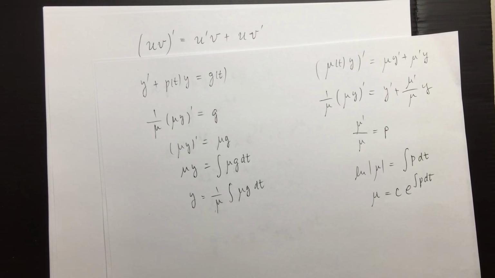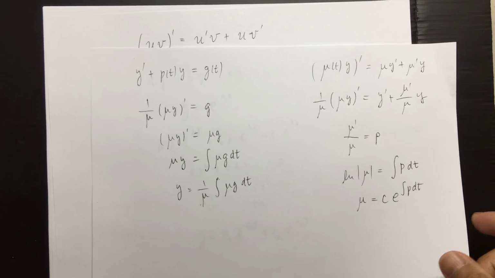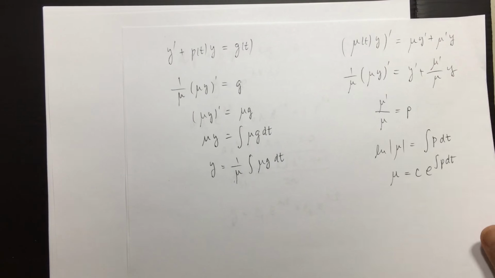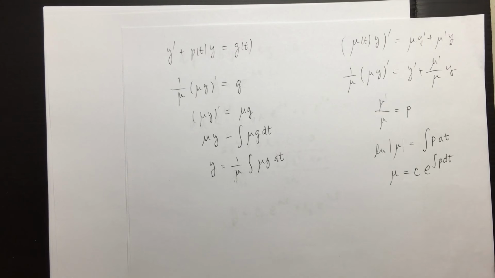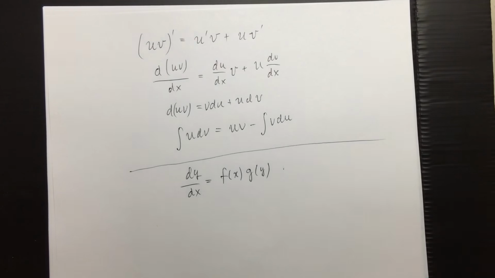We want to take the differential out. First thing we want to do is take out the differential. After we take out the differential, it's possible that the equation becomes this form.